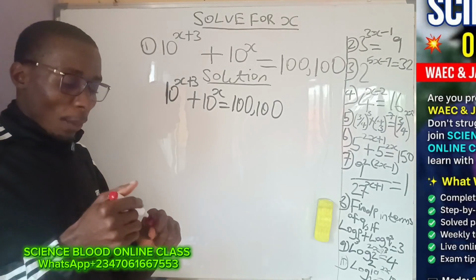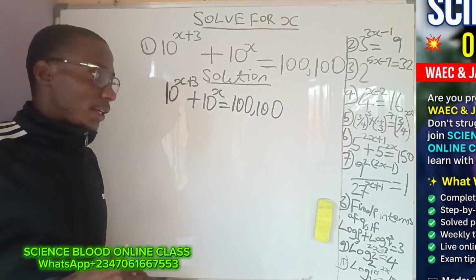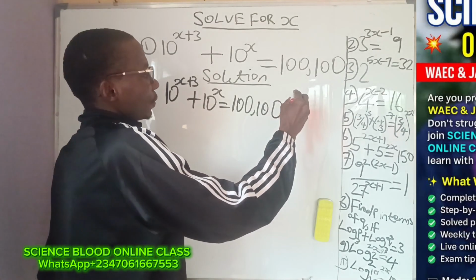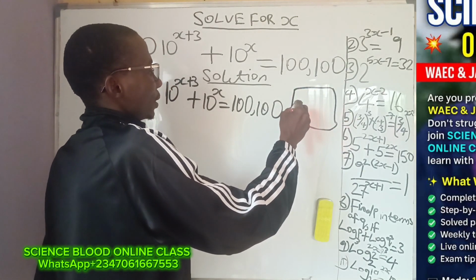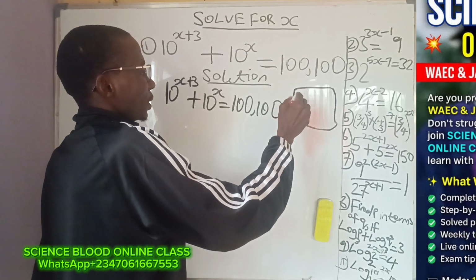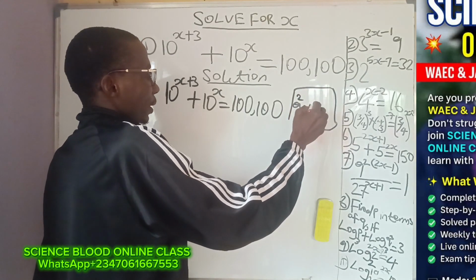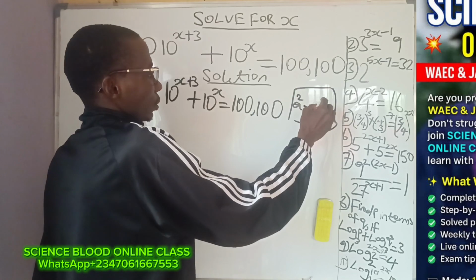I want to recall to your mind the laws of indices. Let me use this as an example: a to the power of 2 multiplied by a to the power of 1.